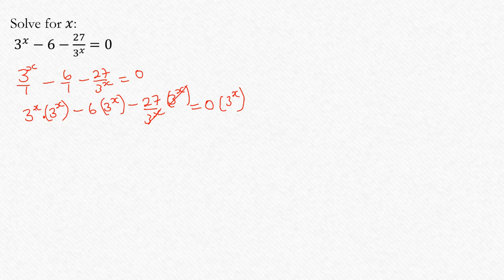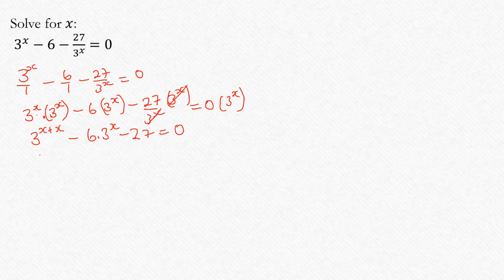And then 3 to the power x times 3 to the power x, we're multiplying powers with the same base. When you're multiplying powers with the same base, what do we do? We add the exponents. So it's going to be 3 to the power x plus x, minus 6 times 3 to the power x, minus 27 is equal to 0 times that, which is 0.